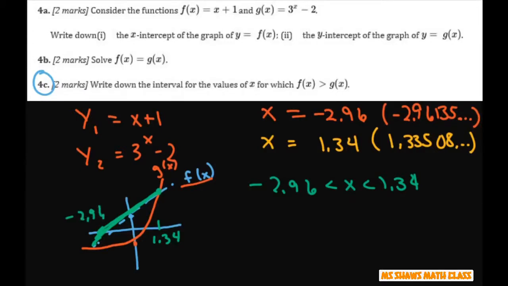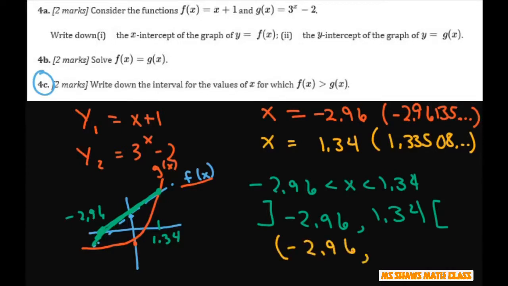Or you can write it like this, for IB, -2.96, comma 1.34. Or you can do your open interval notation, -2.96, comma 1.34. These are all acceptable for IB.